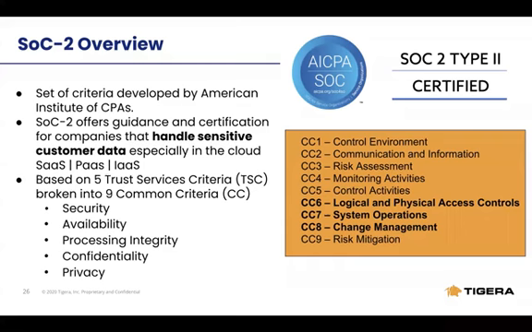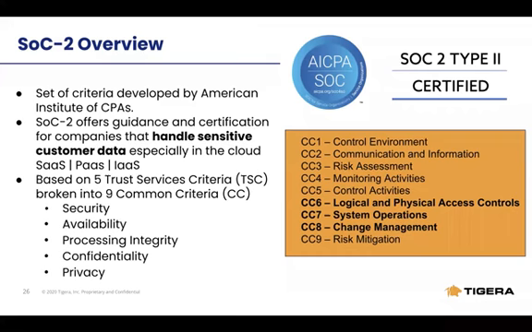If you're not too familiar with SOC 2, it's a set of criteria developed by the American Institute of CPAs to offer guidance and certifications for companies that handle sensitive customer data. So, personal data, social security numbers if you're talking B2C, or any sensitive data for B2B around the environment for your clients or customers.